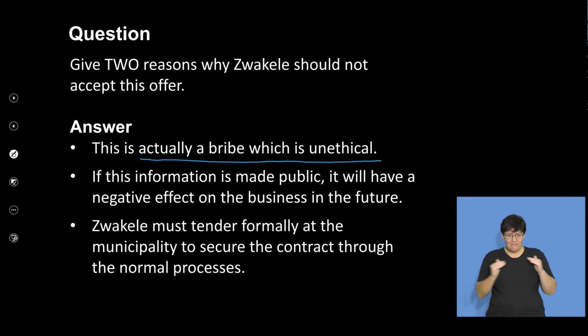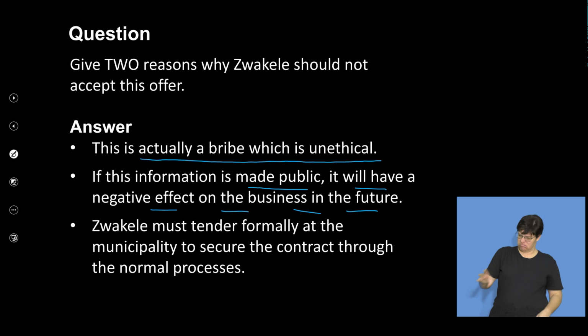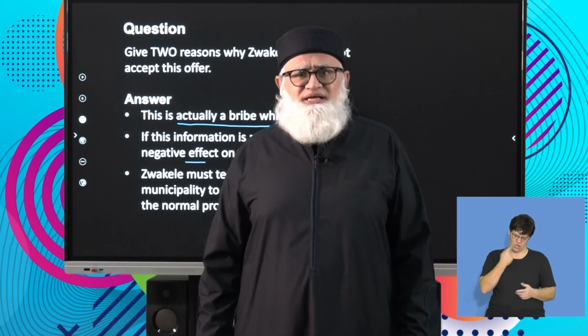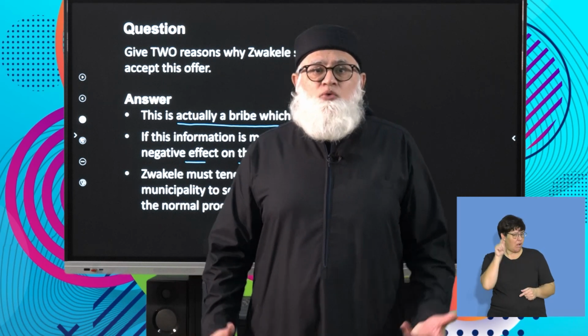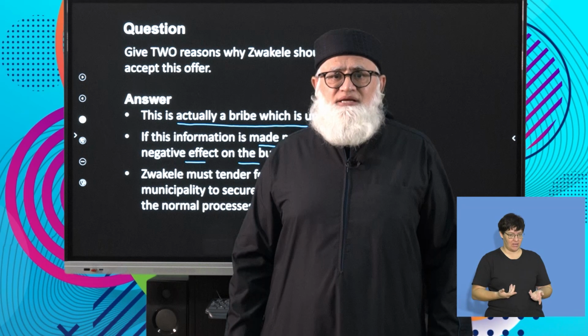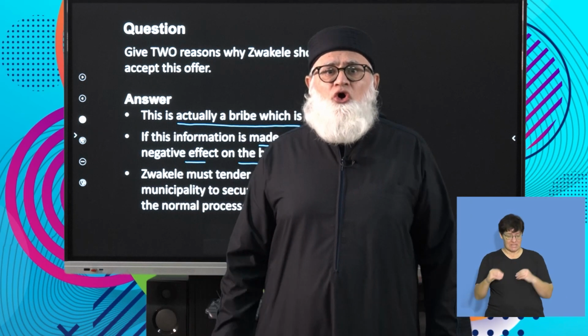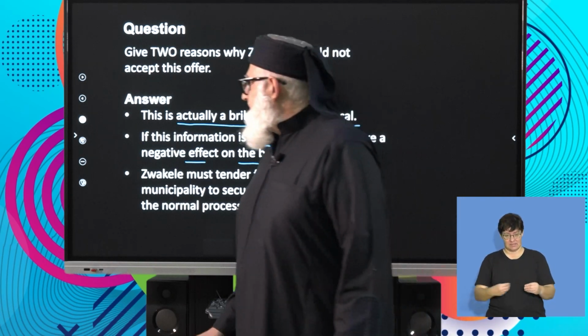Okay, if this information is made public, it will have a negative effect on the business in the future. Clearly, if this information becomes public knowledge, people will now start doubting you as a business, thinking that you're only dealing with unethical practices. And this will then have a negative connotation on your business.